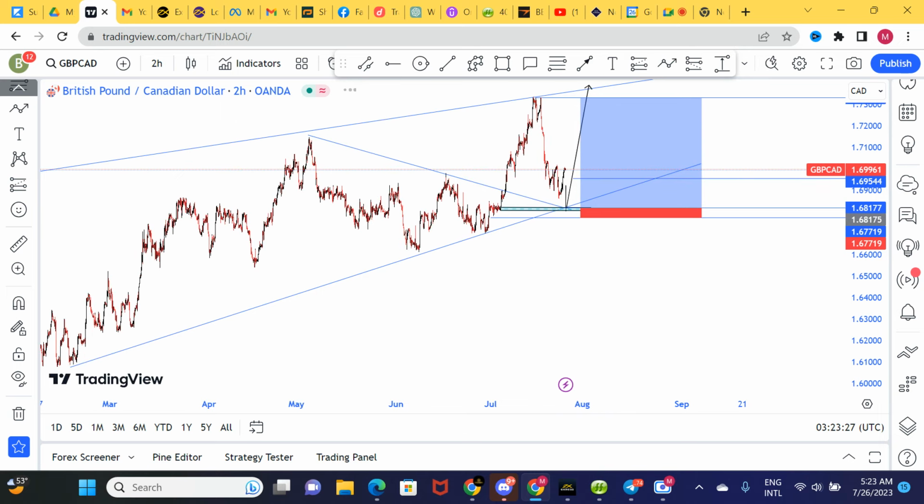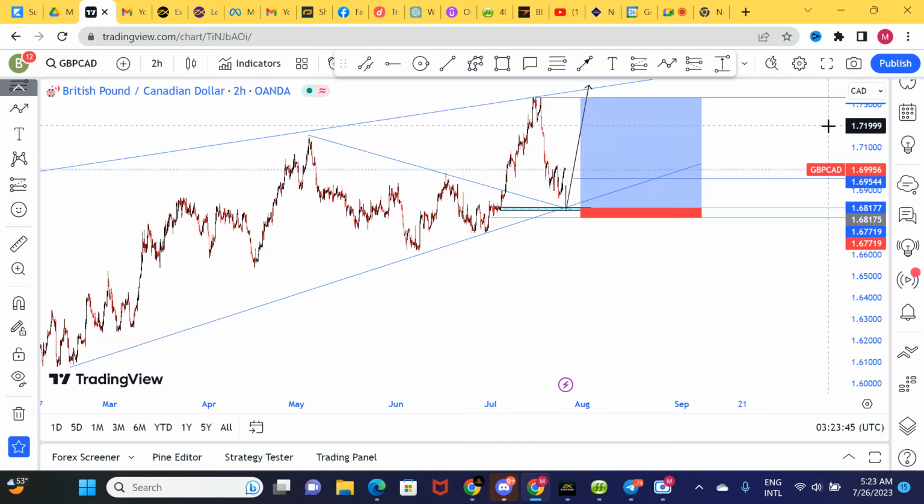So our entry point on GBP USD is going to be for a buy. Our entry point is going to be 1.68177.